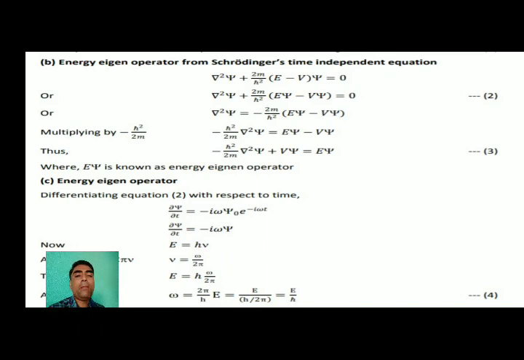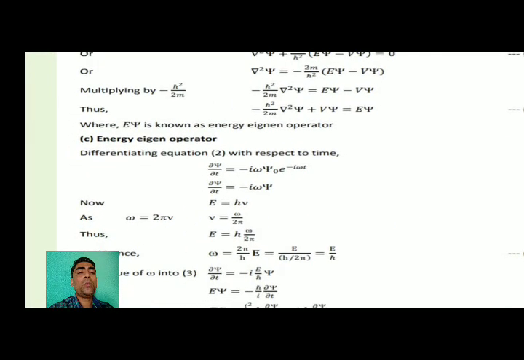Now from Planck's quantum theory, energy can be expressed as E equal to h nu, where h is known as Planck's constant and nu is known as the frequency. As we know that omega is 2 pi nu, nu can be expressed as omega by 2 pi, and E is rewritten as h into omega divided by 2 pi.